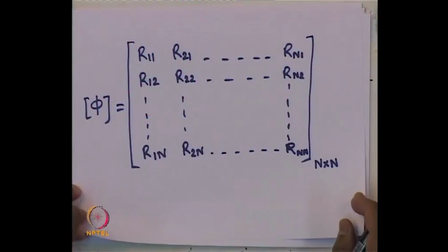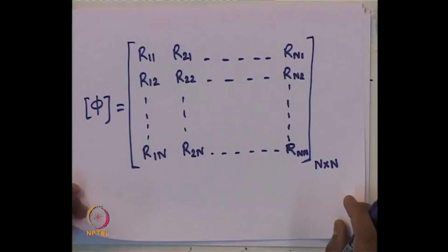Then we can solve it for the n degrees of freedom, which will be obtained from its natural frequencies, and the corresponding solution can also easily be obtained.